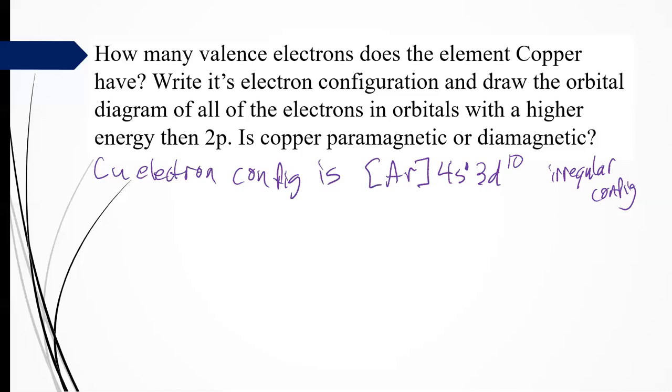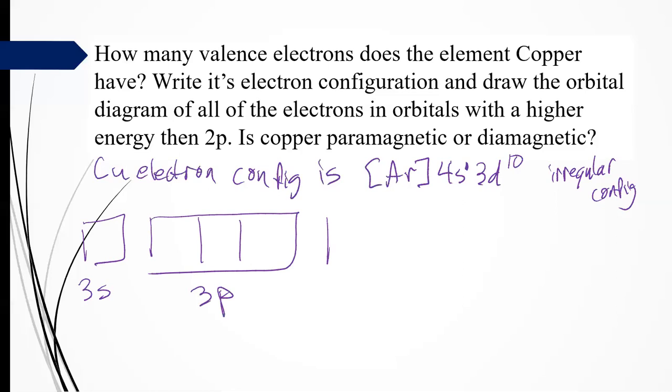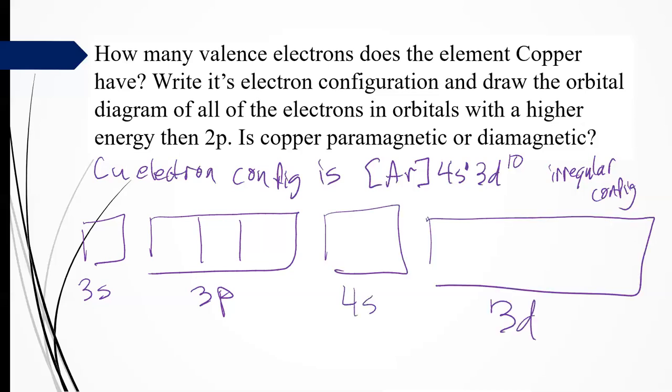It then asks us to draw the orbital diagram of all of the electrons in orbitals with a higher energy than 2p. So 2p is going to be neon, so we should have a 3s, a 3p, our 4s, and our 3d.